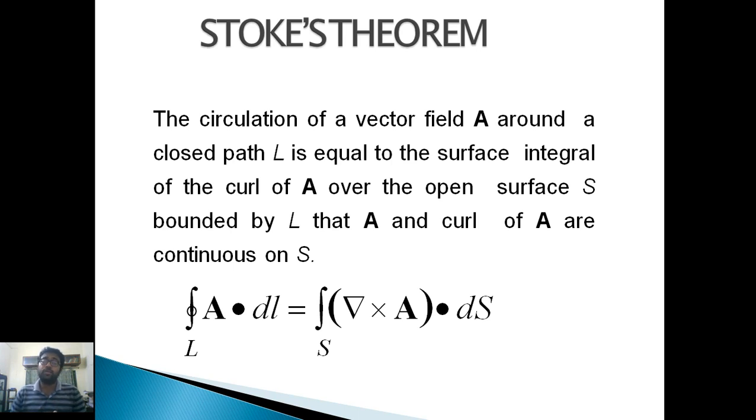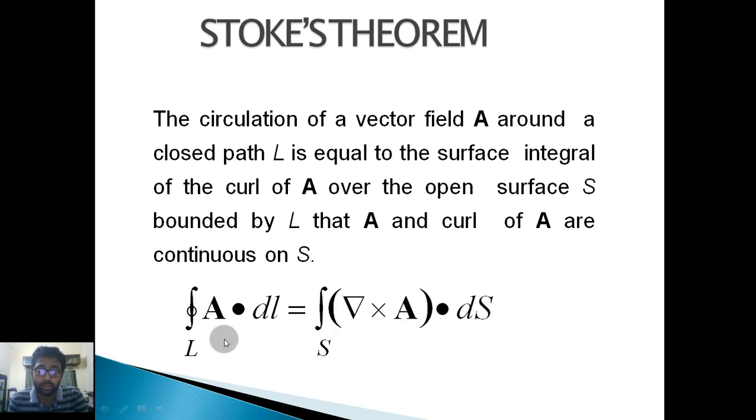Now, if we take the line integral of that specific vector, what will we get? We will get a surface integral, and the circulation of the vector field, and the direction will be normal to the surface. Now, if we take the curl of that vector F, and we take a surface integral of that curl of that vector, we will get this value.